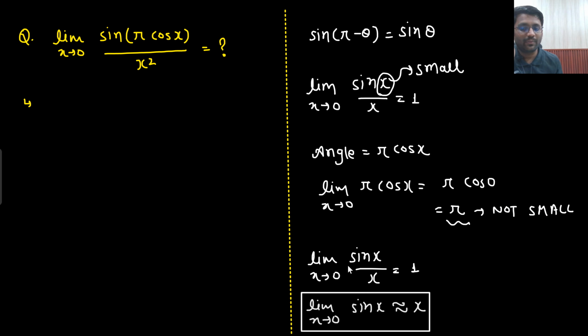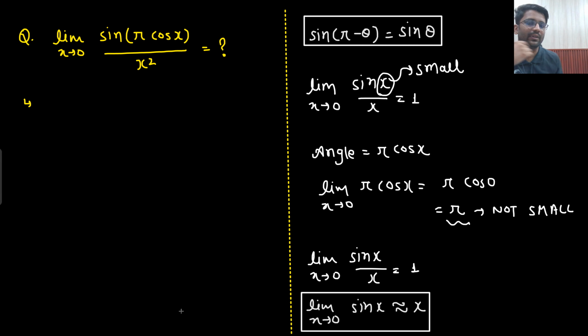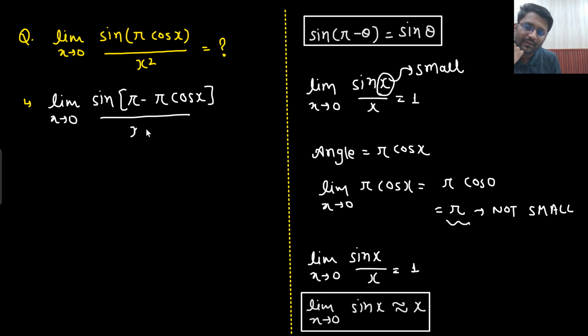But the task is that you make the angle small. How will you make the angle small? By using this particular thing. That's why I know that it is sin theta. So let's not change anything here. And what do we do? Sin pi minus pi cos x. Can I do it in this manner? Absolutely, sir. Now if you put x tending to 0 here, what will happen? Cos 0 will be 1.